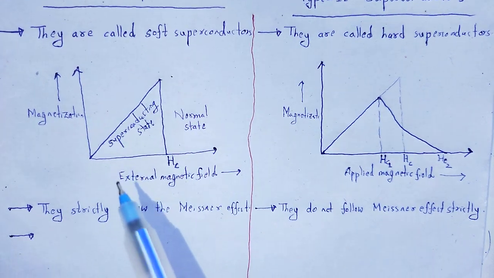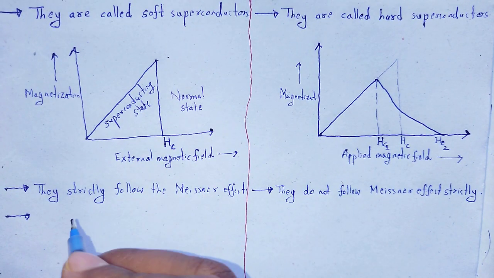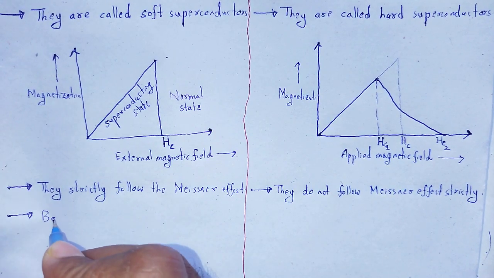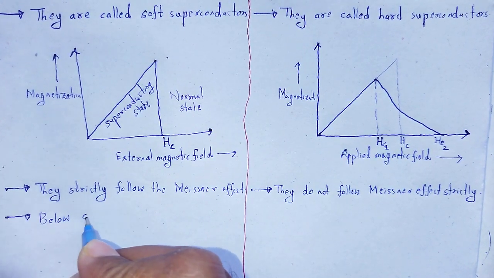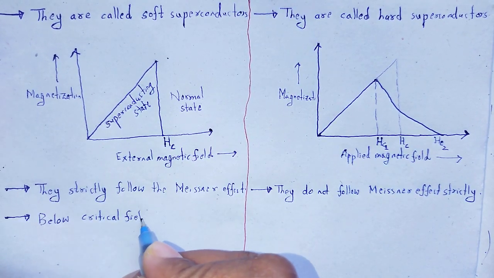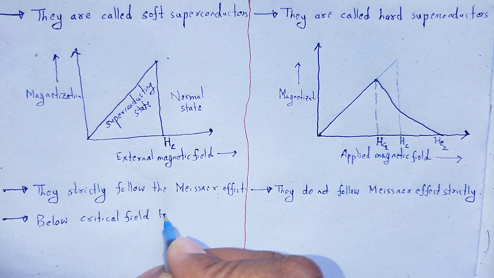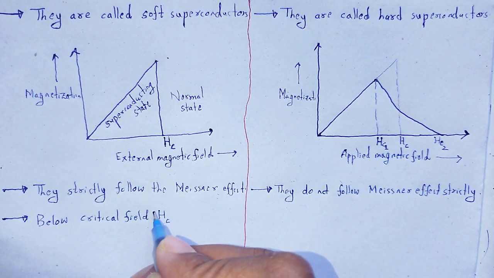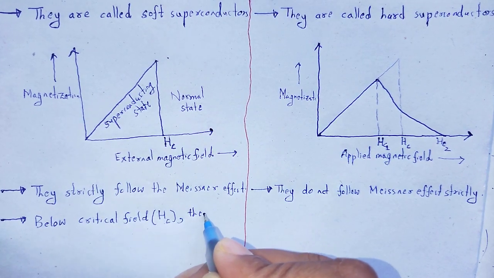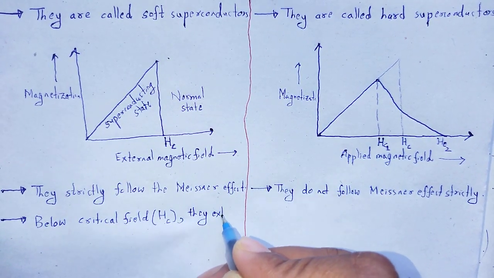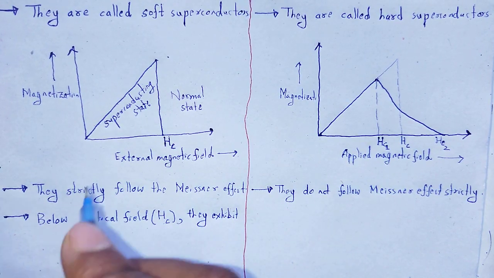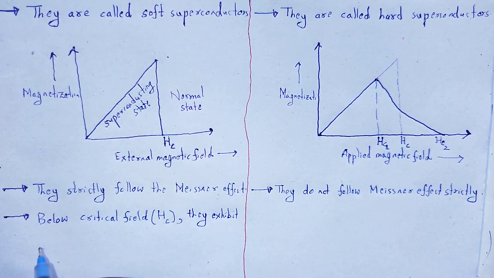From that graph, below critical field Hc, they exhibit perfect diamagnetism, which is the superconducting state.